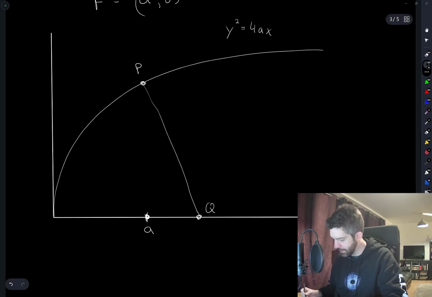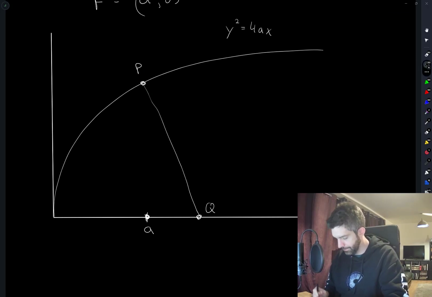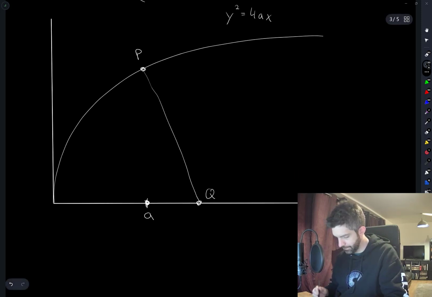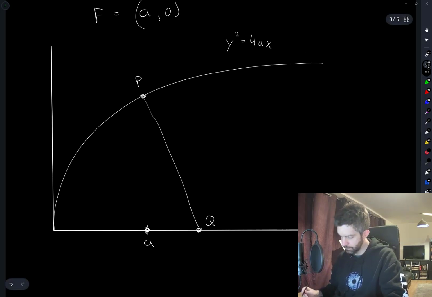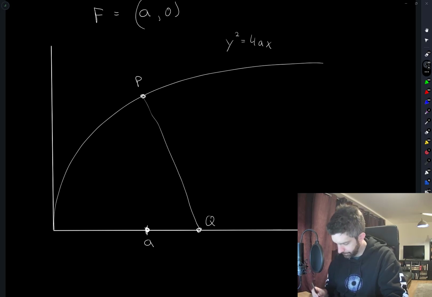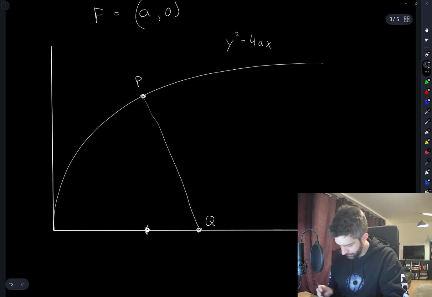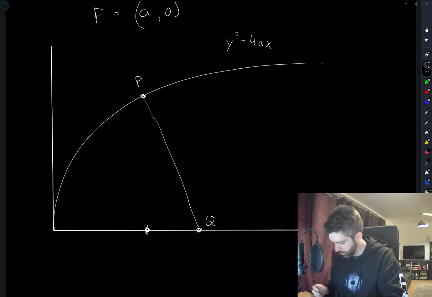Okay, so really what I need to do is find out the coordinates of Q in terms of the coordinates of P. I don't want to make it look like P is vertically above F.